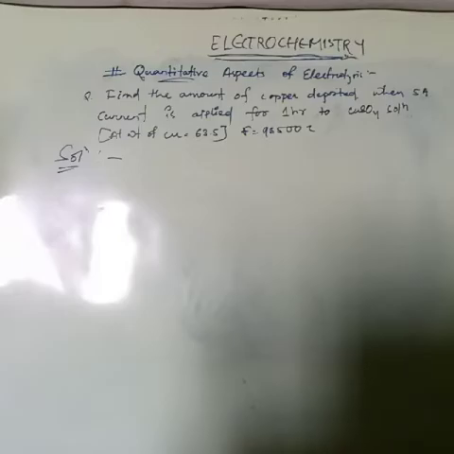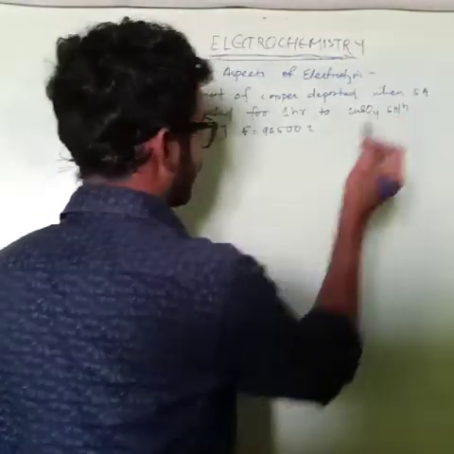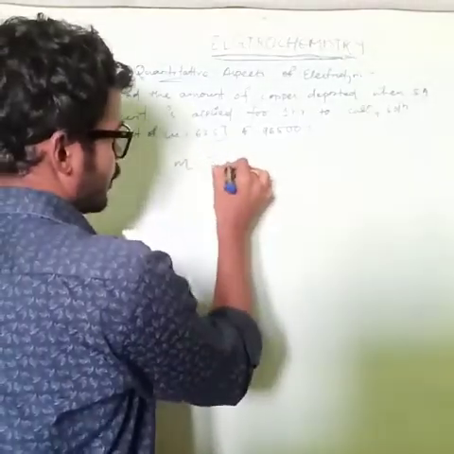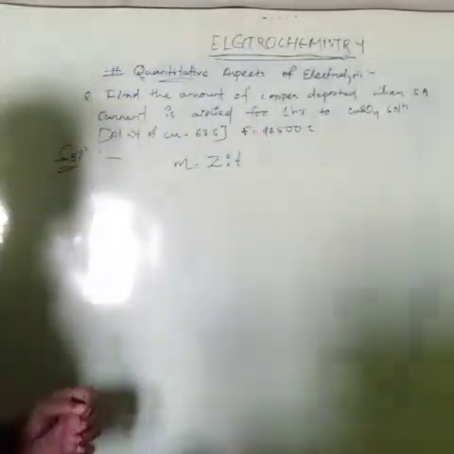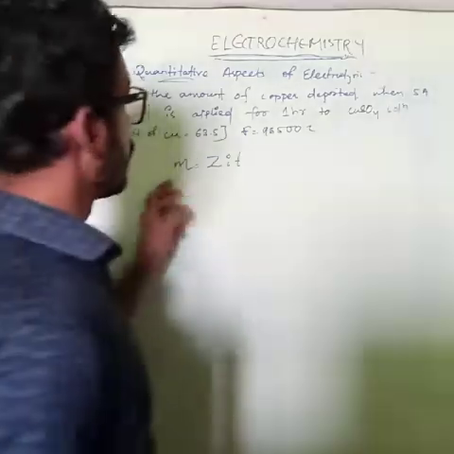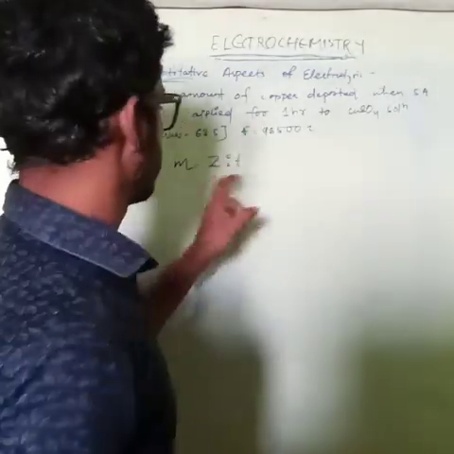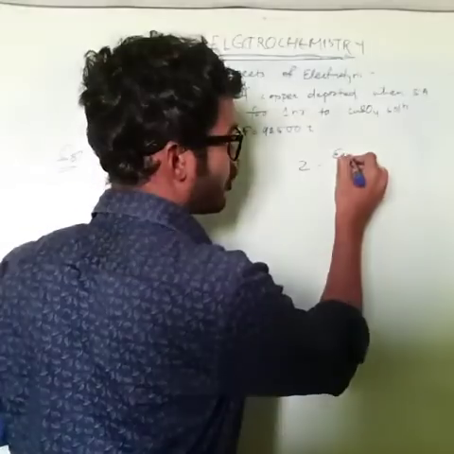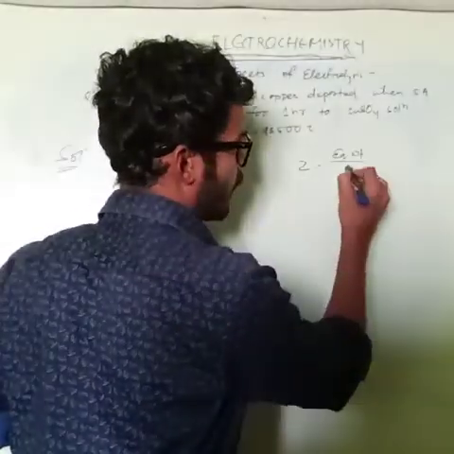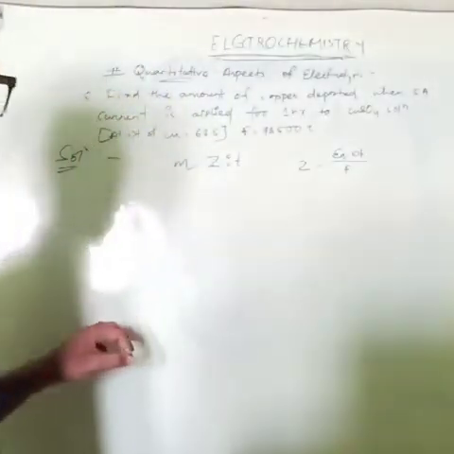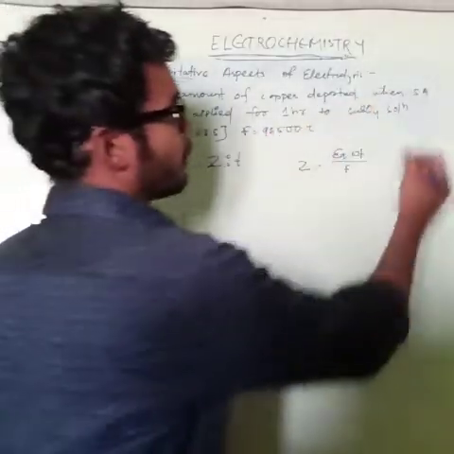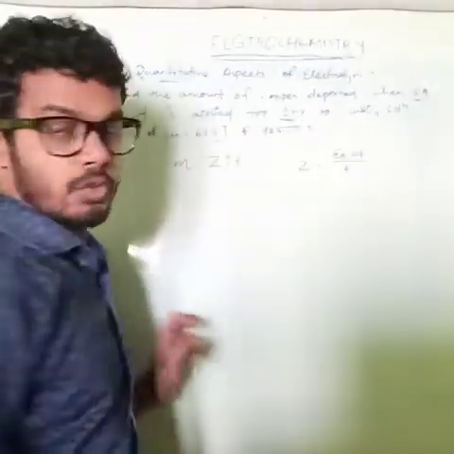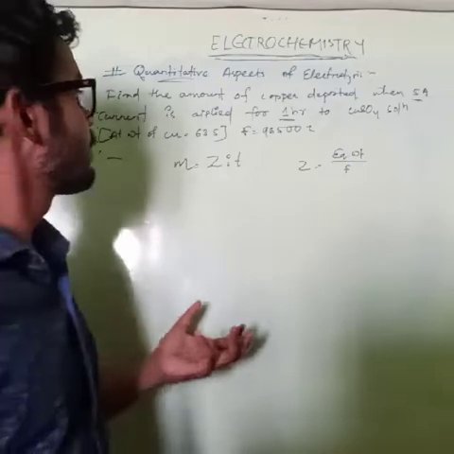What will the formula be? M equals ZIT. Simple. Now find Z. I told you earlier, Z is nothing but equivalent weight divided by Faraday. I is given as 5 ampere, T is given as 1 hour, which you always have to write in seconds.